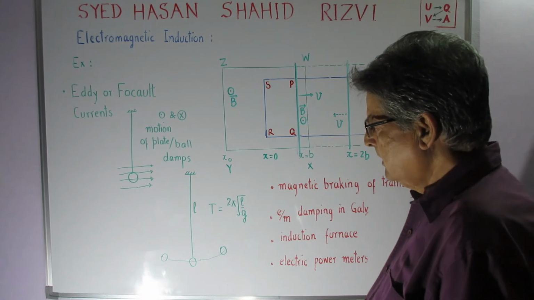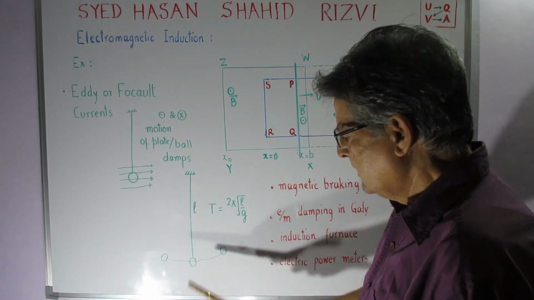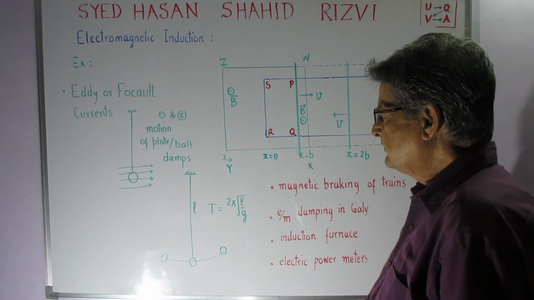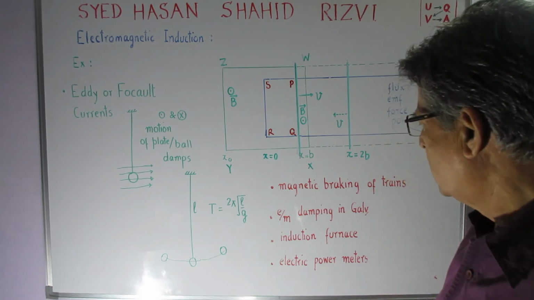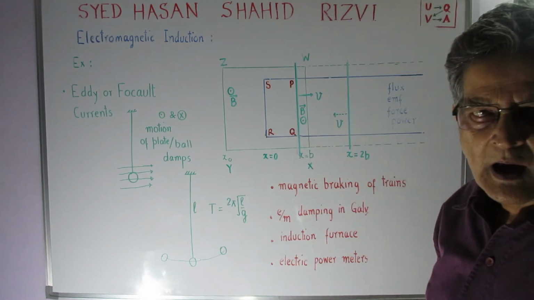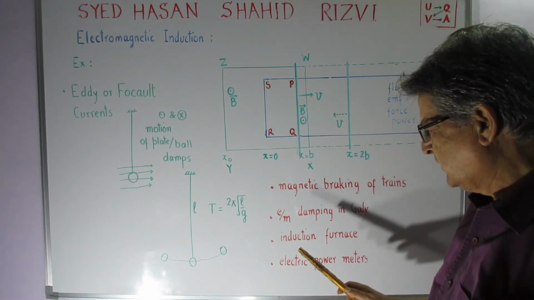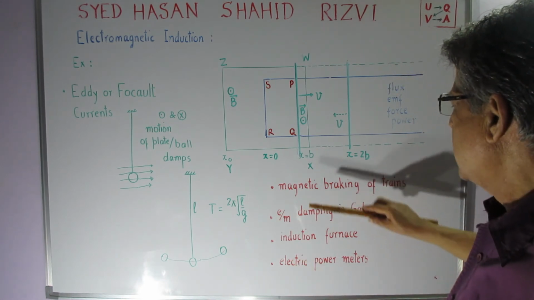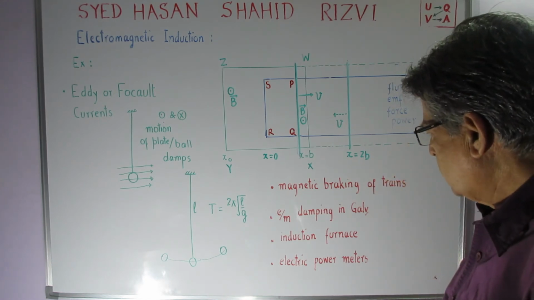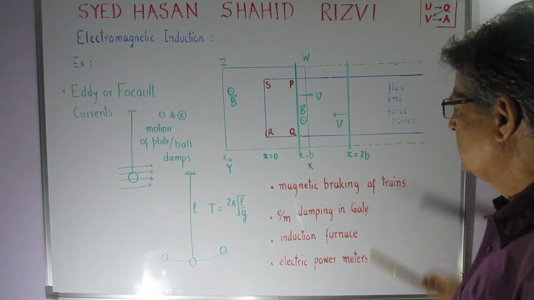Now when this damping takes place, then the motion stops after a very small amount of time. Such things, the eddies which happen, they have many applications. I'm just enumerating the applications, like magnetic braking of trains. The eddies can be utilized in magnetic braking of trains.